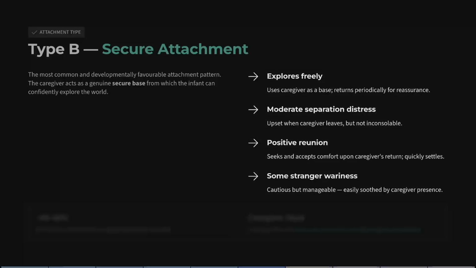In the presence of the caregiver, the securely attached infant explores freely. They move away from their mother to investigate the toys, but they periodically return to her, checking in, making eye contact, perhaps briefly touching her before moving off again. The caregiver is functioning as a genuine secure base, a psychological anchor that makes exploration feel safe.